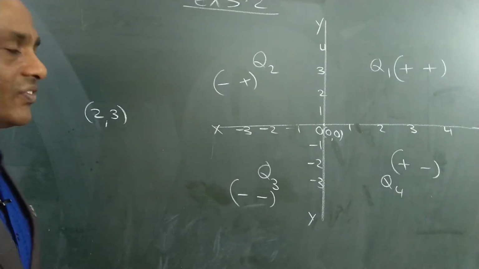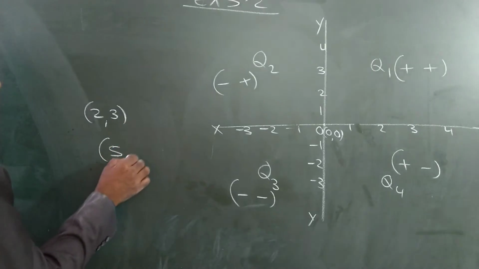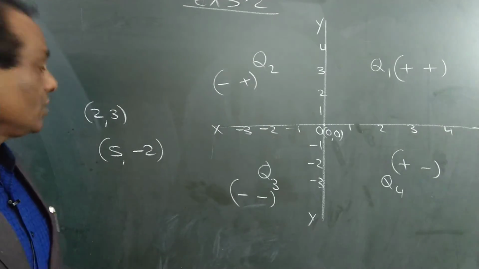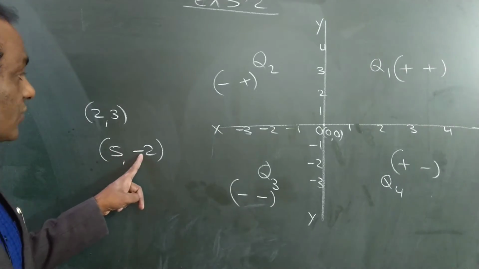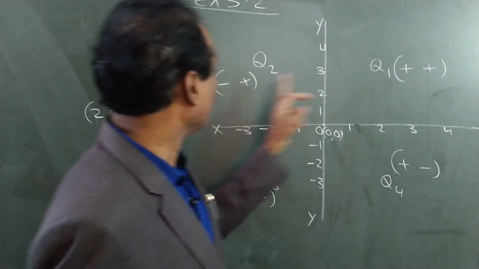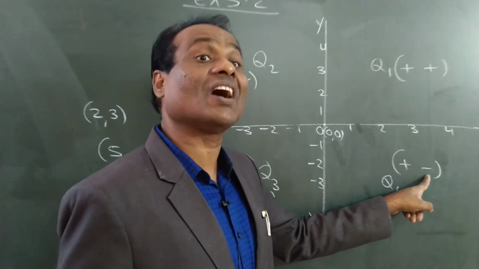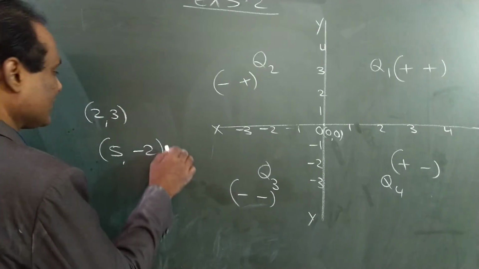First quadrant. Suppose I ask you (5, minus 2), where does it lie? In which quadrant? X is positive, y is negative. Which quadrant? The fourth quadrant.